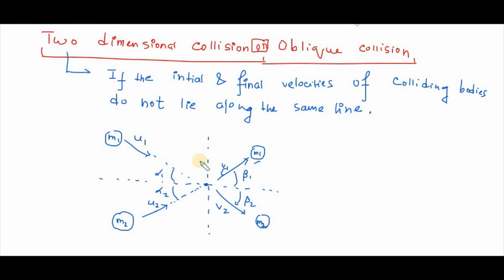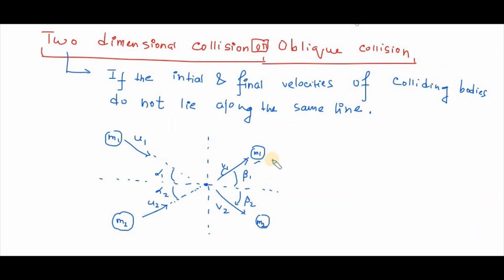So this is a two-dimensional collision, and you can consider any example of it, for example the billiard game, in which one ball strikes the other, and after the collision the two balls move in different directions. That's an example of two-dimensional collisions.